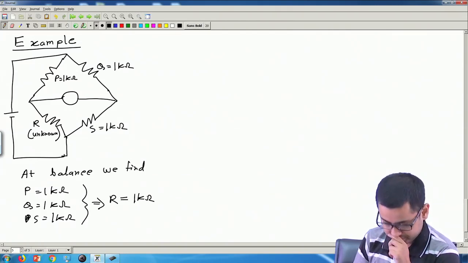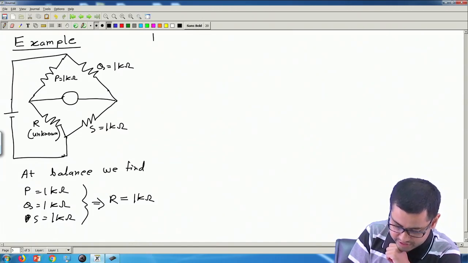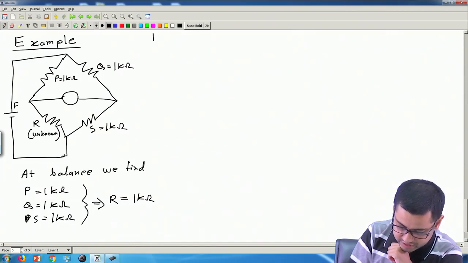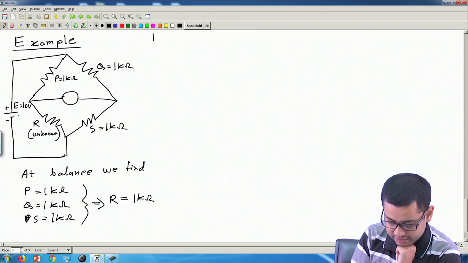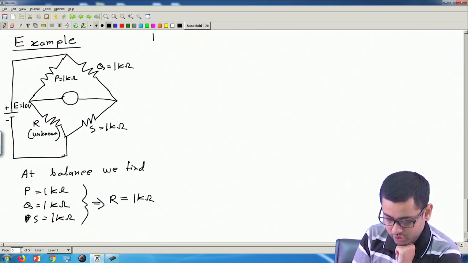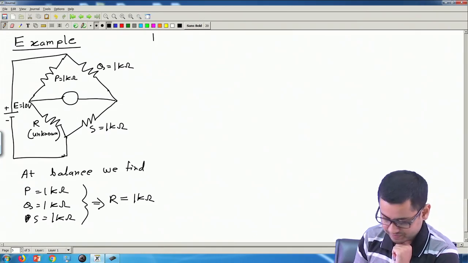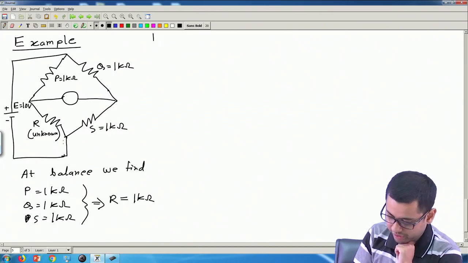So, this is very simple. But now, say this voltage E is given to be 10 volt. This is the supply voltage, and say the internal resistance of this source is negligible. So, we are neglecting the internal resistance of this source or this conductor, etc.